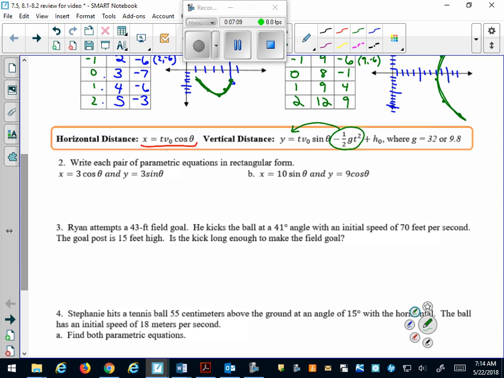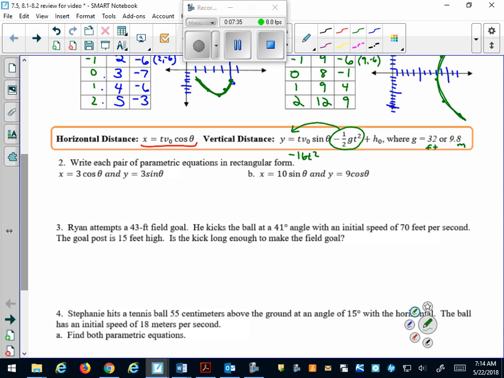So that's the one that ends up negative 16t squared, usually in the beginning. If it's feet, the gravitational pull for feet is 32, and for meters, it's 9.8. So your first term is always going to end up either negative 16t squared or negative 4.9t squared, depending on if you're feet or meters.